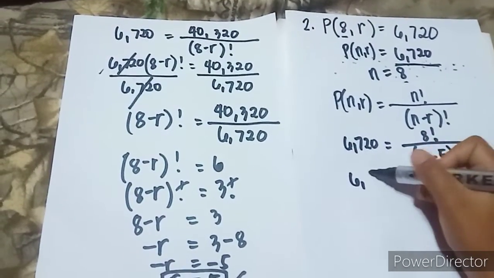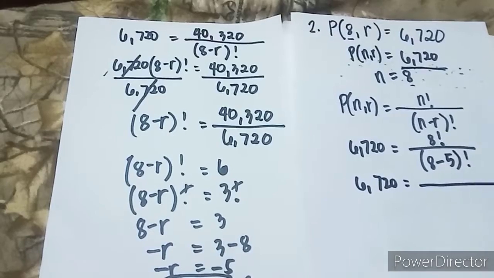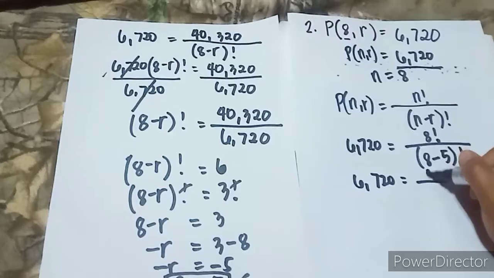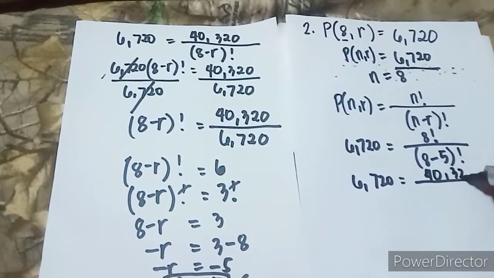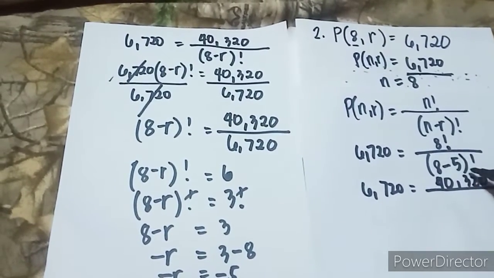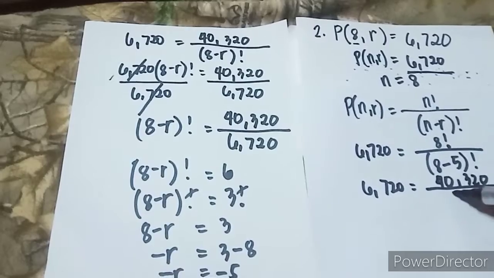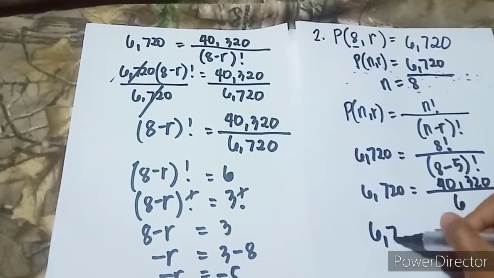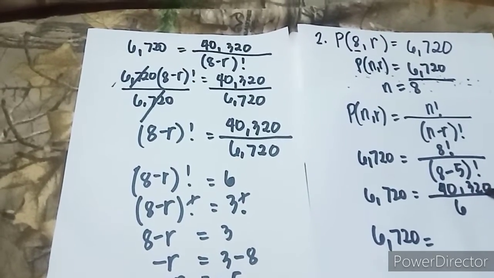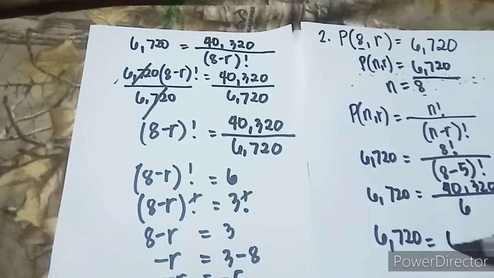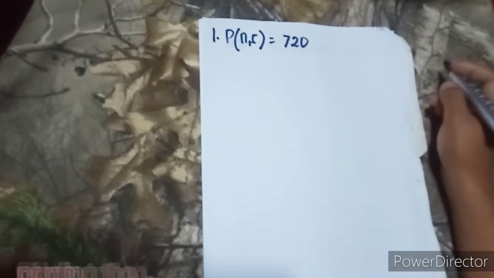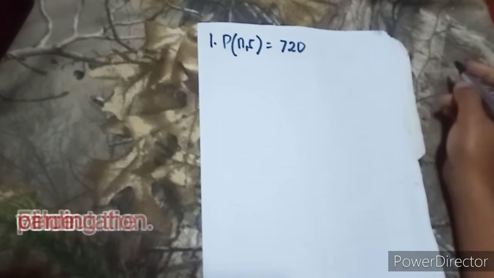We have now 6,720 is equal to 8 factorial, which is 40,320 over 8 minus 5, which is 3 factorial. 3 factorial is 6. So 6,720 is equal to 40,320 divided by 6, which is 6,720. So check.